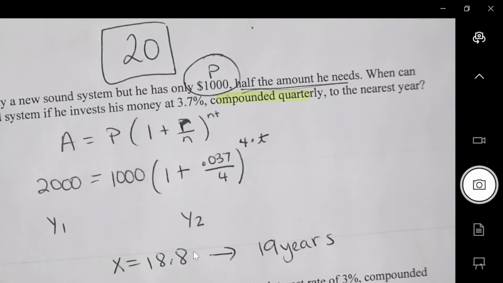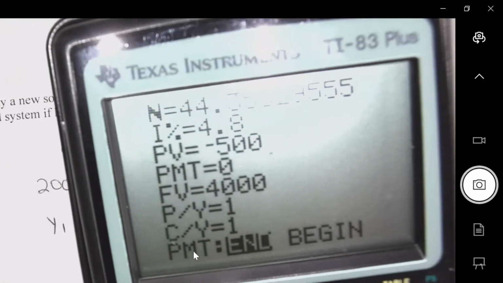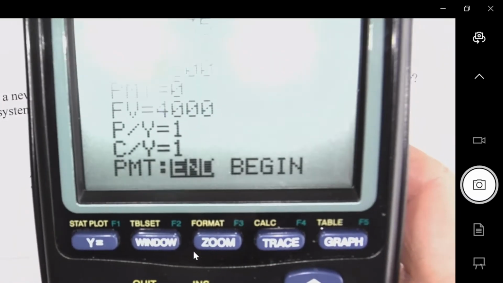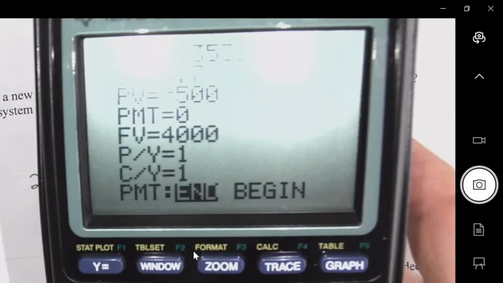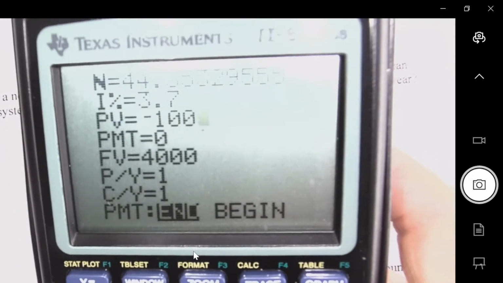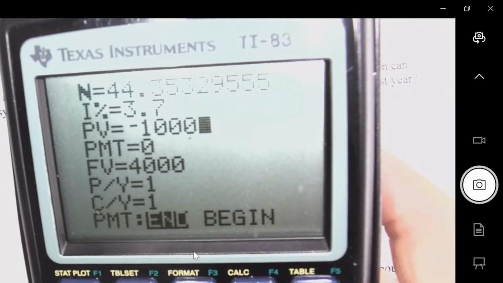Okay, I think I can solve this with my thing. Let me try here. 3.7 was the interest. We started with 1,000, but that came out of our pocket, so I'm going to try with a negative 1,000.